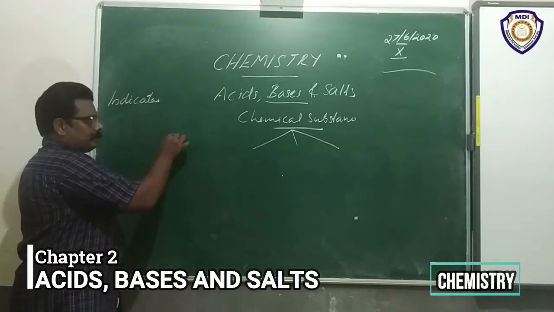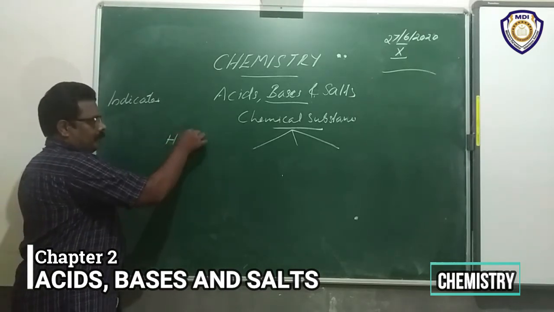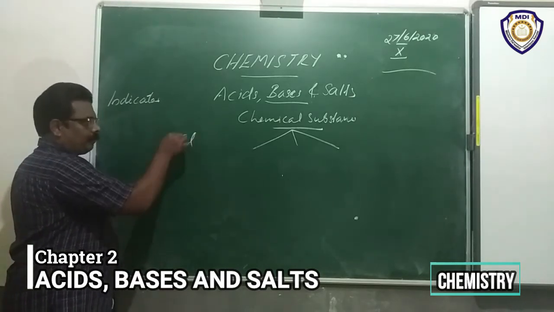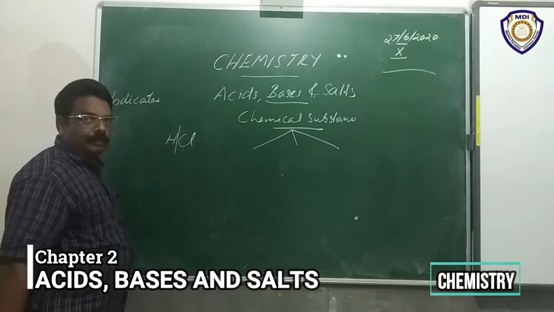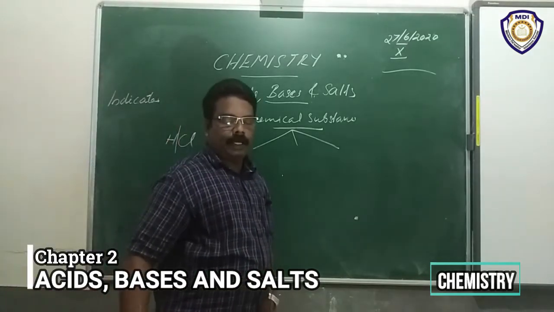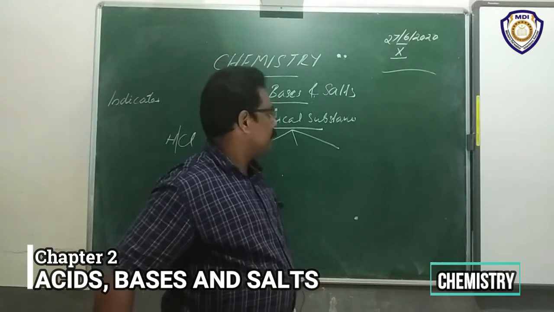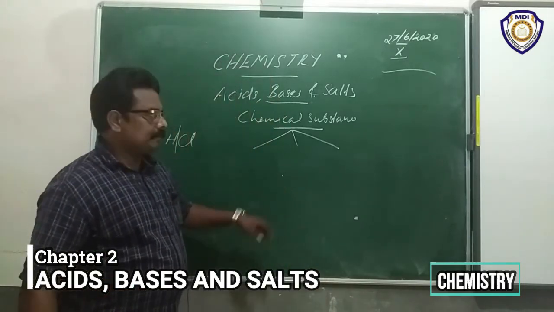In acids, for example HCl or H2SO4, there is an H plus ion, or hydrogen ion.